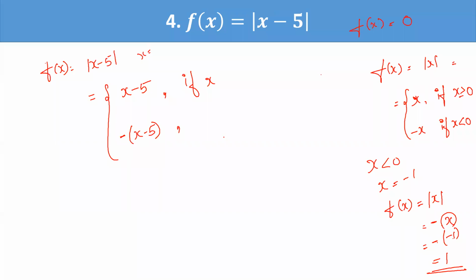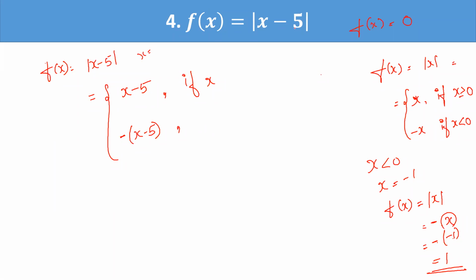Yes, if I put x is equal to 5, correct? 5 minus 5 becomes 0. So if I take a value greater than 5, what does it become, whether a positive or a negative value? Only consider the function inside the modulus.